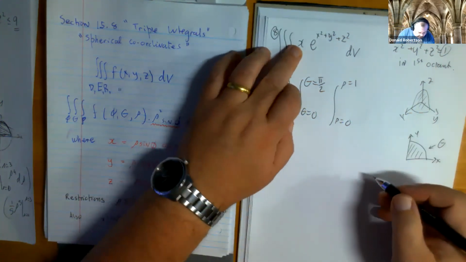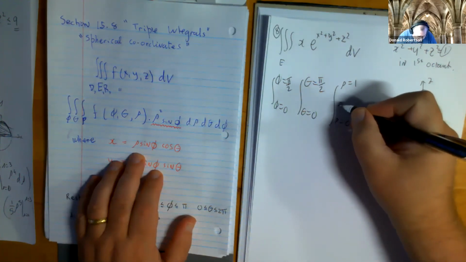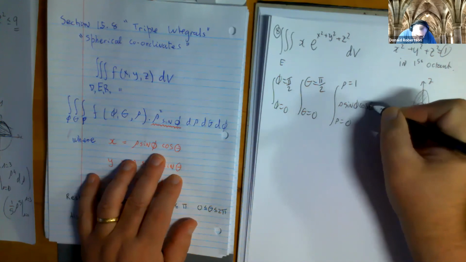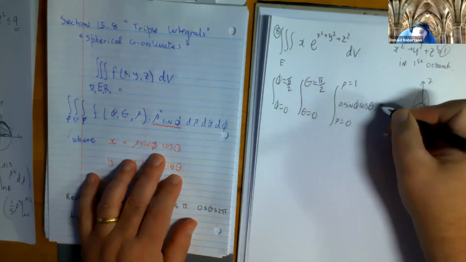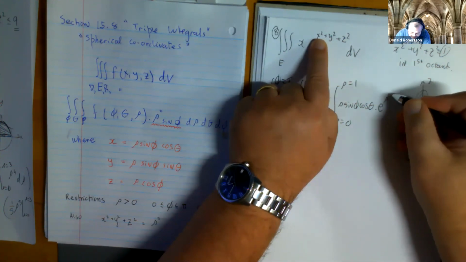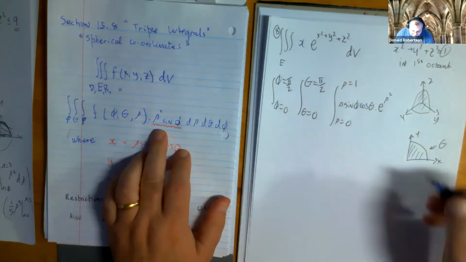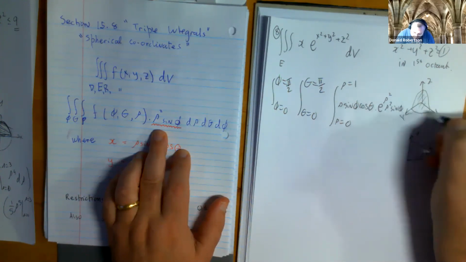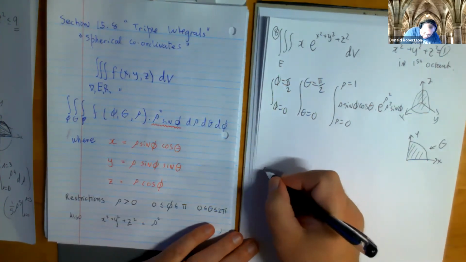Now the guy we've got is an x, which is rho sine phi cosine theta. Isn't that just rho squared? And then tag in another rho squared sine phi with a whole load of guys I don't have room for.